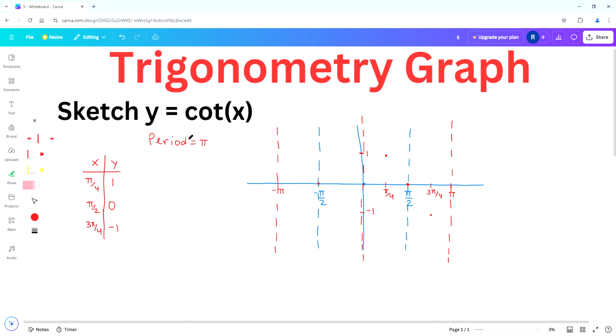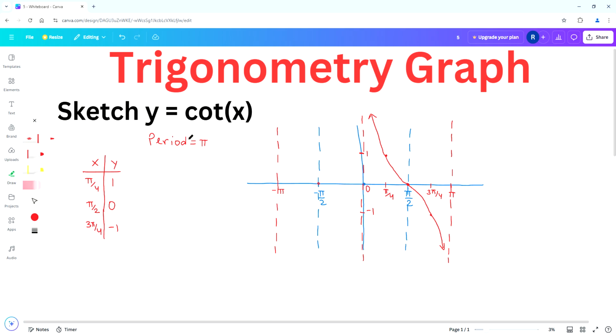Now we can join these points in the form of a curve. The curve goes up along the vertical asymptote on the left side and it goes down along the vertical asymptote on the right side.